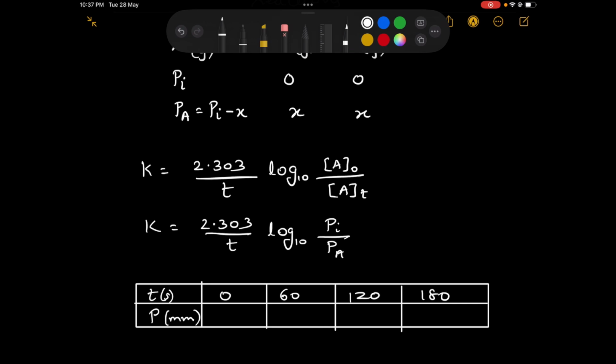Say initial pressure is, for example, 124, then it increases to 136, then 152, then just for the sake of example 178.